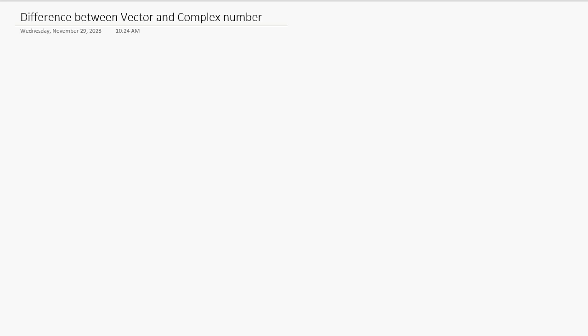Here you will get a very clear idea about what they are. Basically, I give you the conclusion first. Complex number theory can be incorporated into vector algebra and vector calculus, but nobody does that.